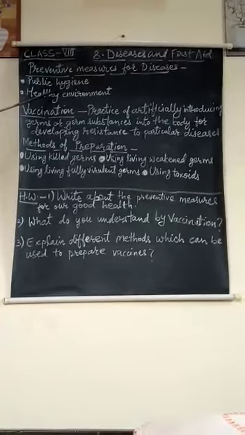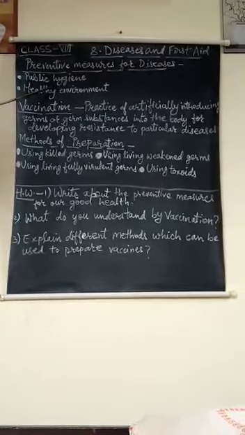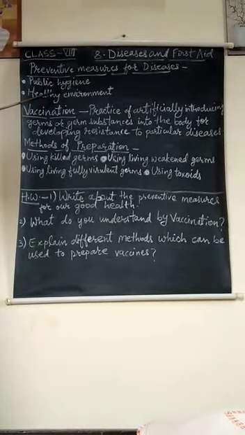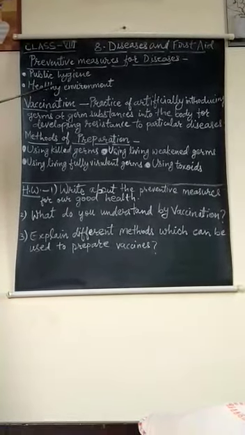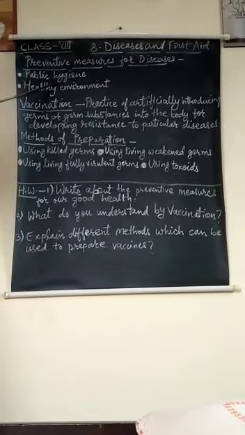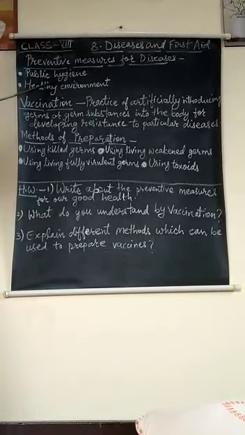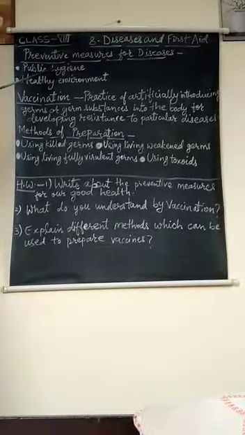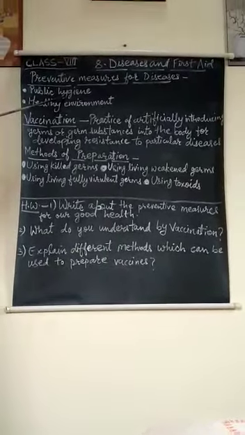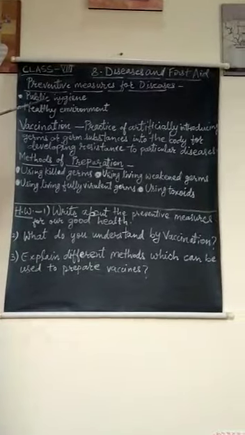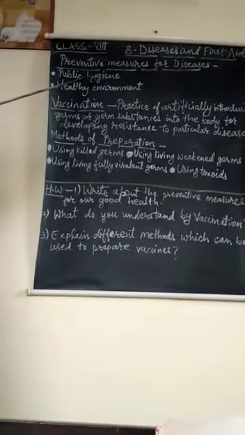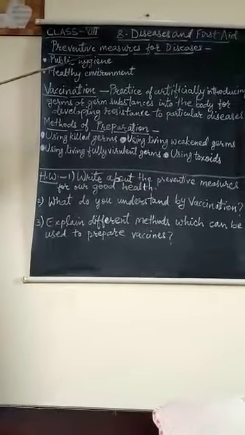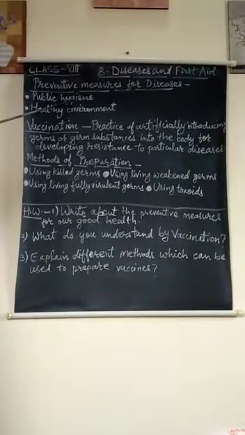In this, public places involves proper disposal of human excreta and domestic waste. The sewage and chemical waste should be disposed properly in water bodies, and before disposing that waste, it should be treated first.